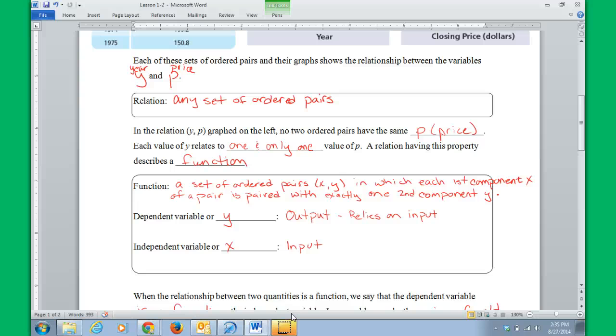Each value of y relates to one and only one value of p, and a relation having this property is called a function. Okay, so a function is a set of ordered pairs x and y in which each first component x of the pair is paired with exactly one component of y.